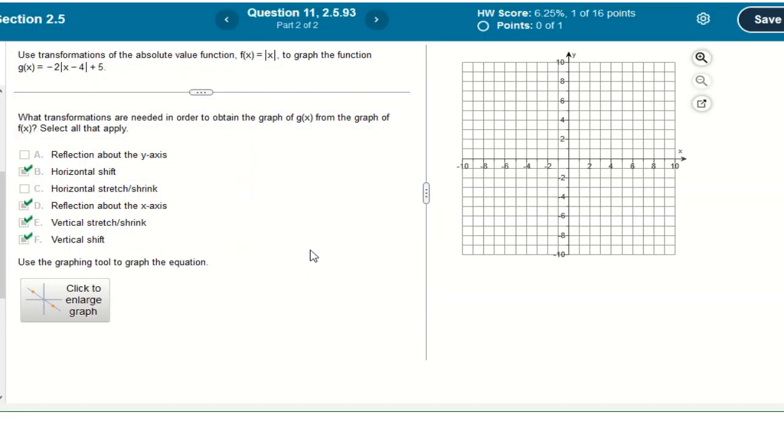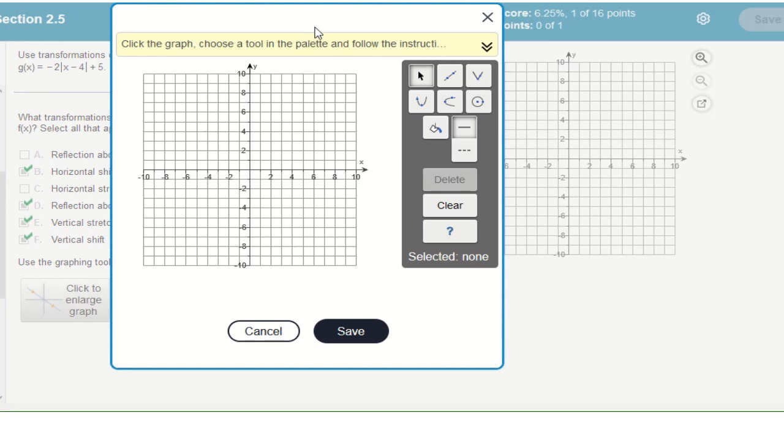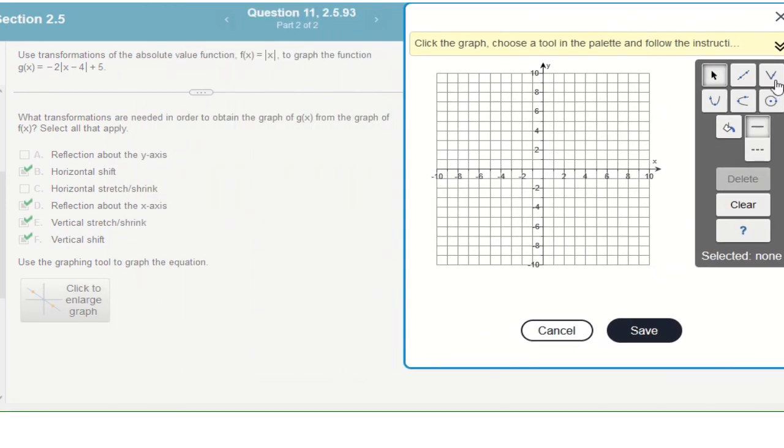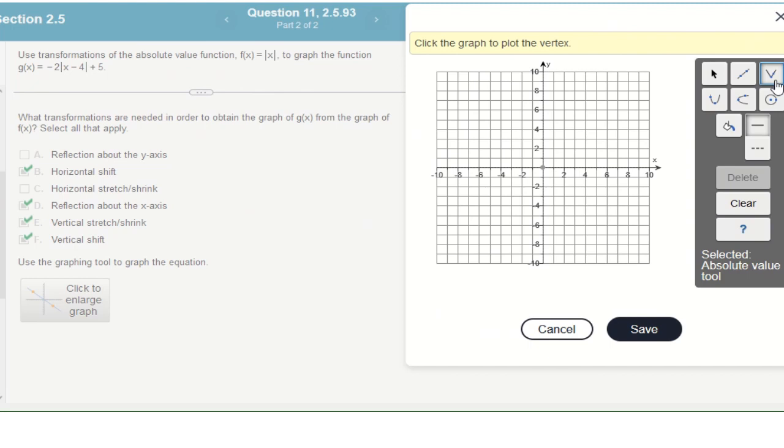Now we need to graph it. So we're going to click on the icon. We're going to choose the absolute value. Now, here I'm going to start by taking 2 points. When x is 4, g is 5. So that's 4, 5.